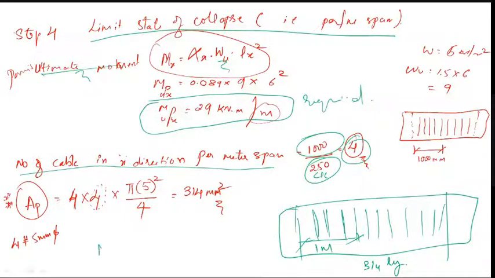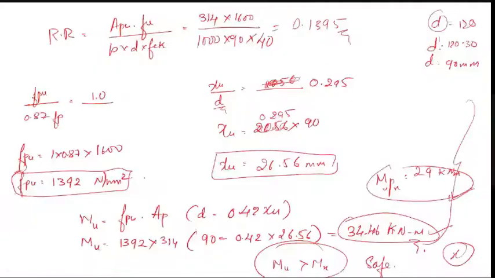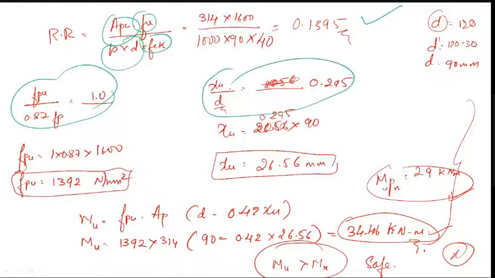Then Ap. While calculating Ap, just remember 4 cables are required per meter, and I am using 4 numbers of 5 mm diameter bars. You will get the area. After getting the area, go for the reinforcement ratio, substitute the value, and you will get it. Go to the table and you will get the stress ratio and depth ratio.